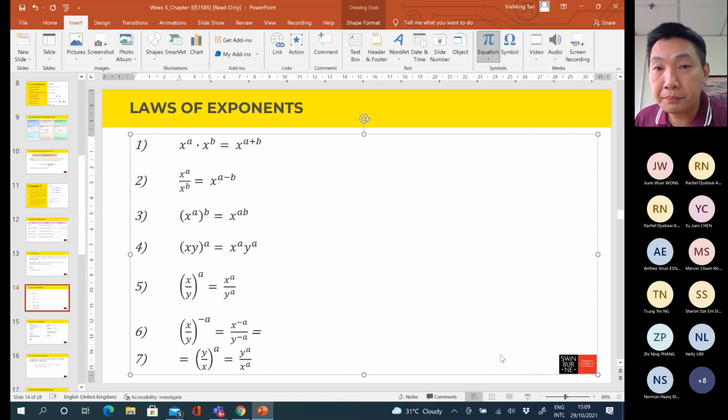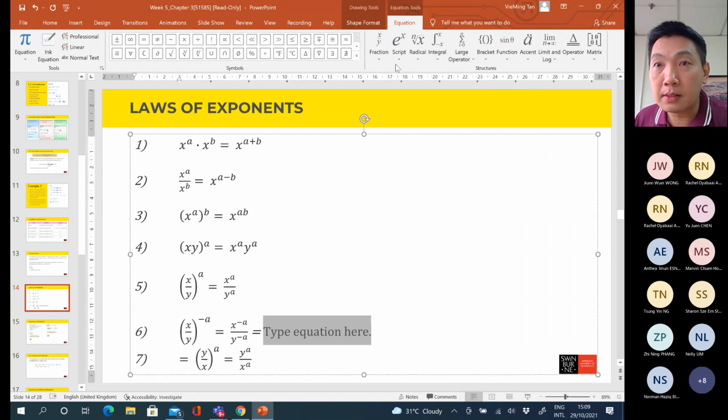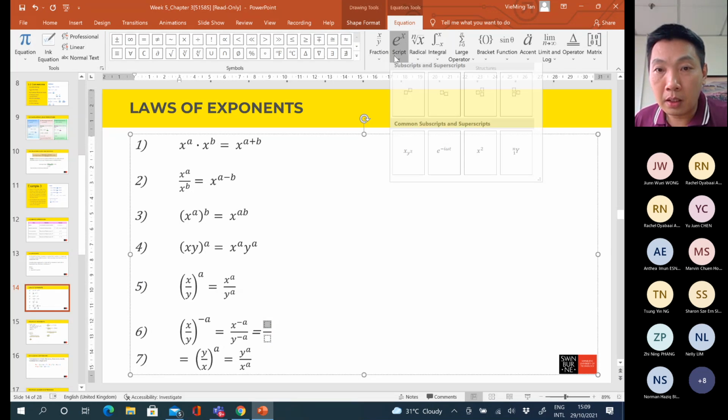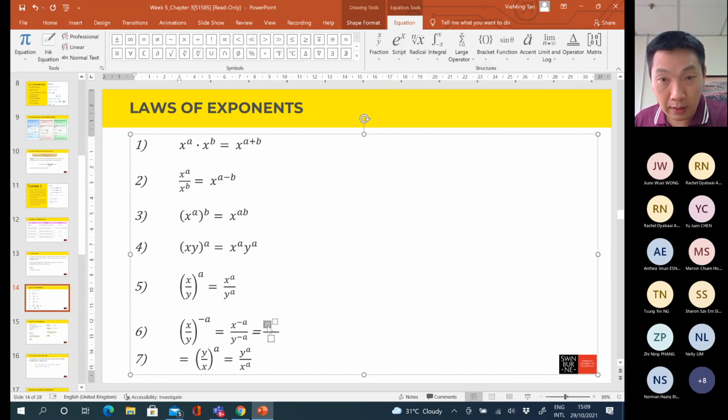Same meaning as y power a. Because for this y power negative a, if you want to change the negative a to positive, you can move that y to the numerator, and then the index changes to positive.